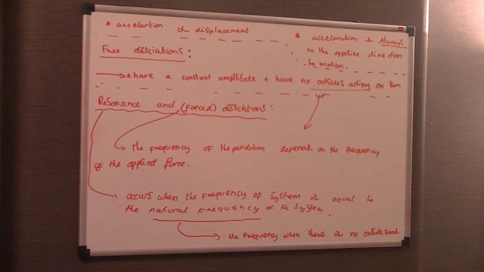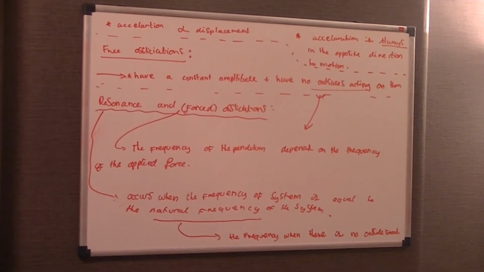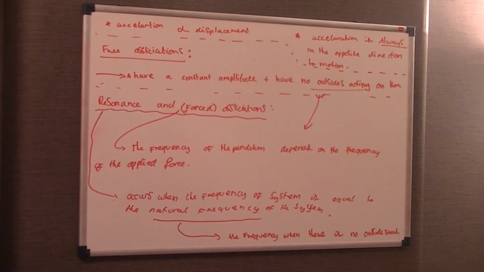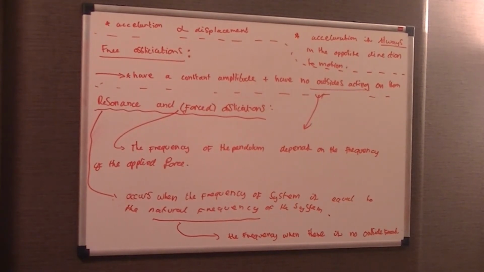Okay, so that's resonance and forced oscillations, and you can see there how it's related to free oscillations in terms of constant amplitude and no outside forces. So the forced oscillations are related to free oscillations because free oscillations had no outside forces. Sorry, there was outside. So resonance and forced oscillations are the opposite of each other.